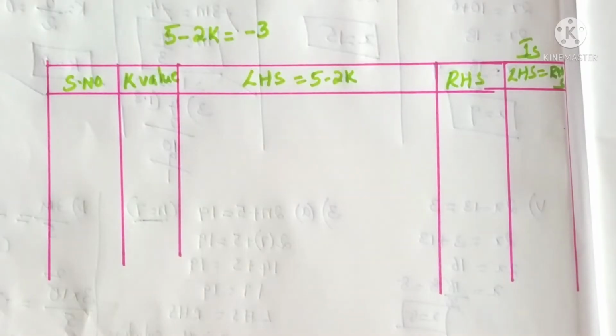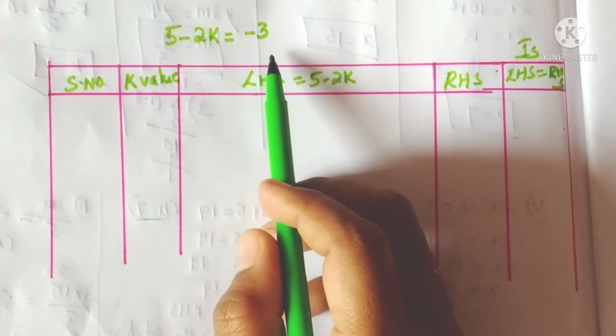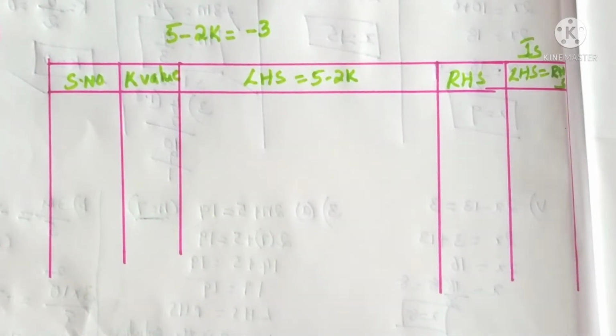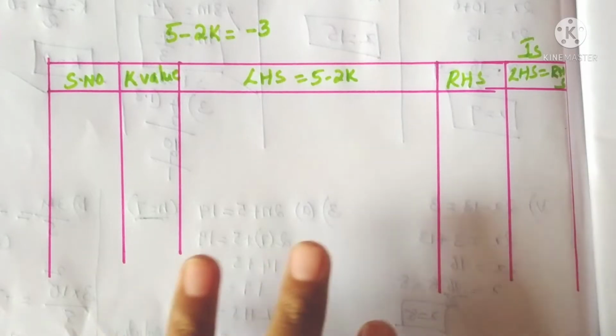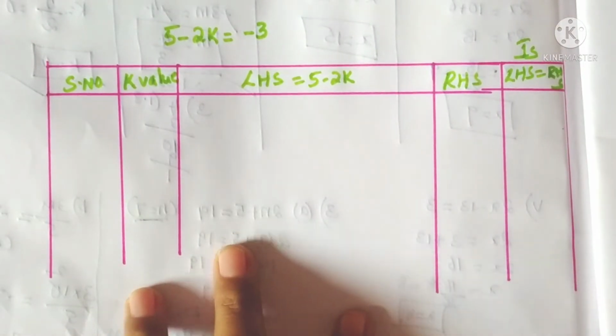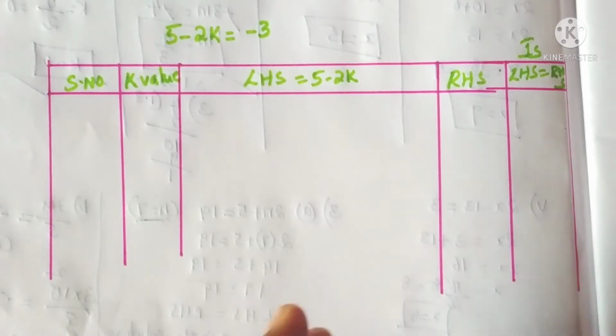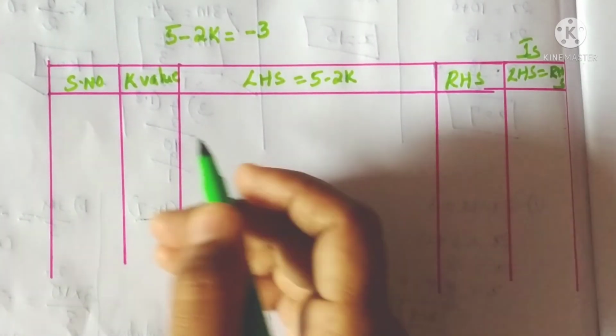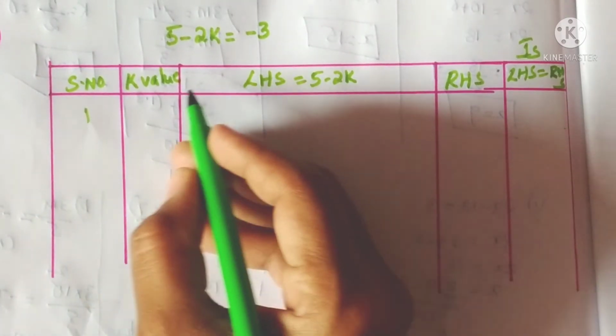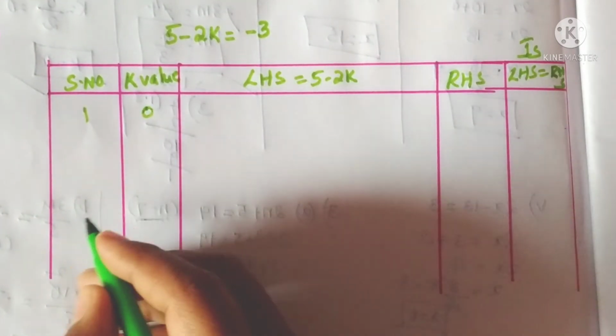So fourth problem, solve 5 minus 2k equals minus 3 by using trial and error method. So trial and error method means we have to try, and if we get error again we have to try until we get the solution. Okay. So first we'll give k value 0.